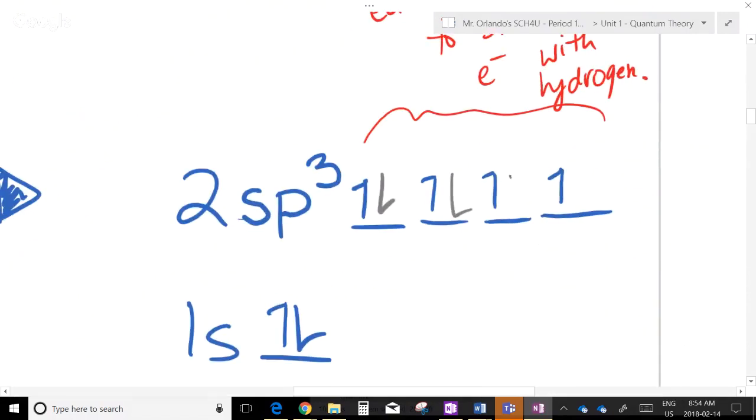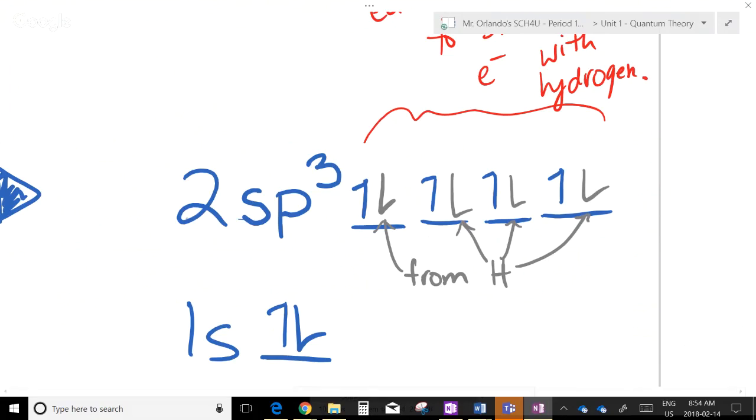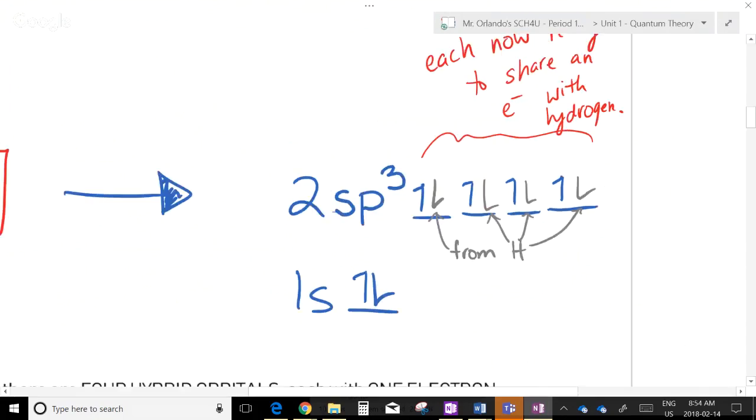You don't have to draw that, but I'm just showing it. The paired electrons would come from hydrogen. I don't know if it's helpful to draw that in or not. But these hybrid orbitals are ready to make a single bond.